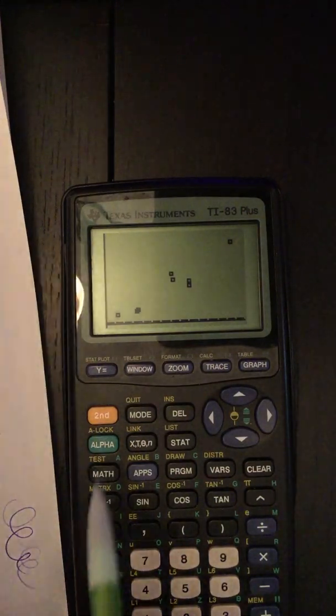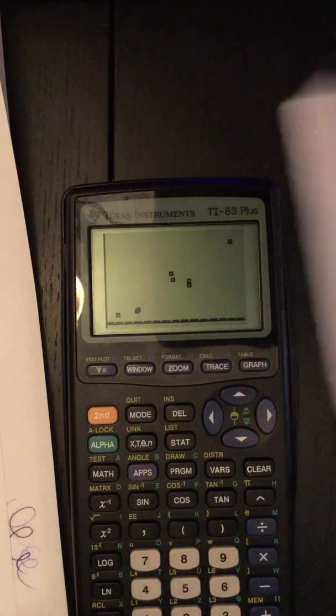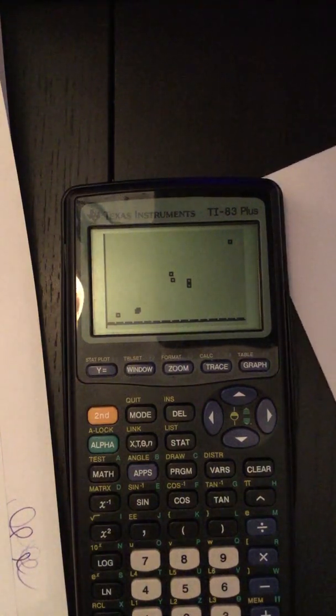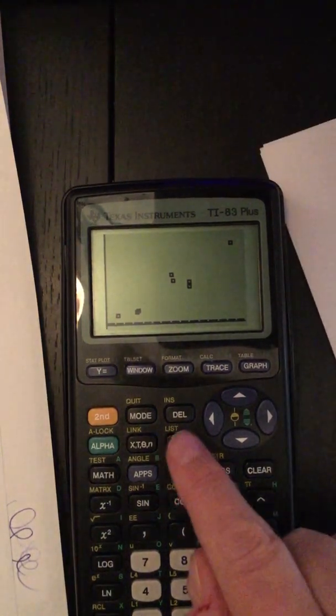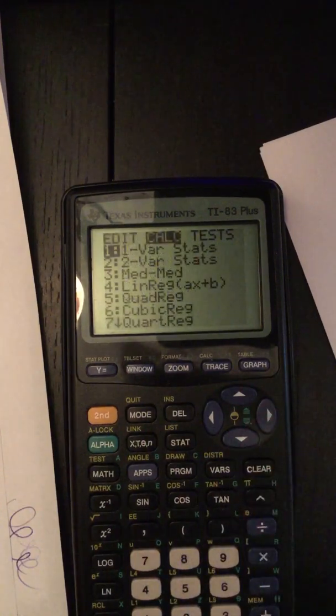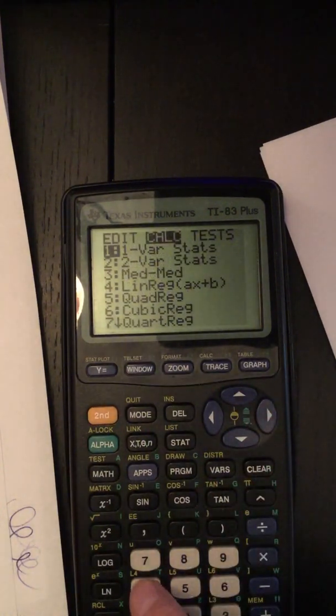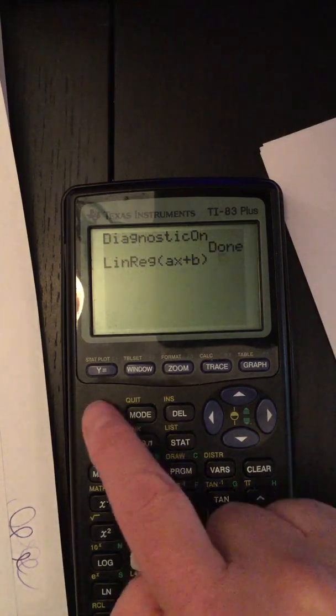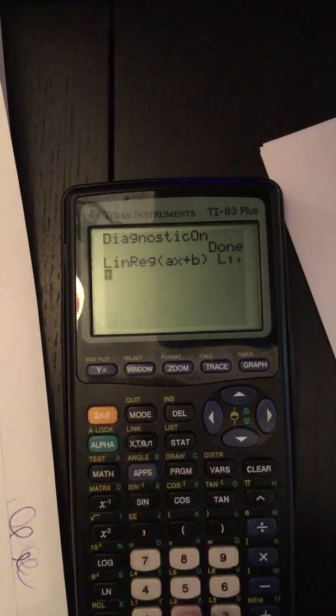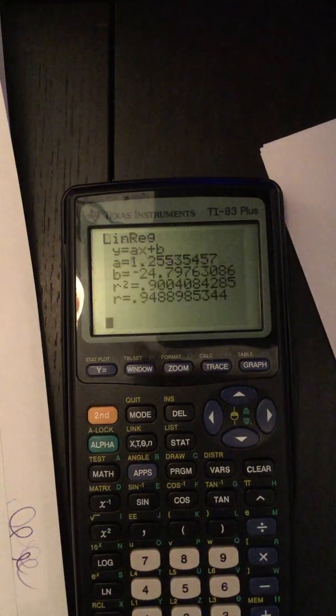Now I want to check my R values. So I've got another piece of paper to record them as I go through. So we're going to go stat, we're going to go calc, and we're going to check our linear regression. I put in second function 1, comma, second function 2, and enter.